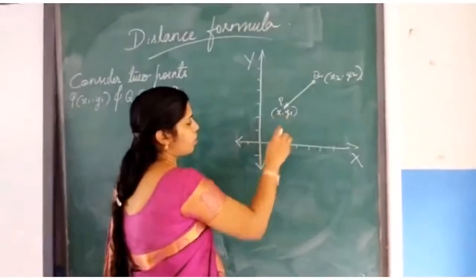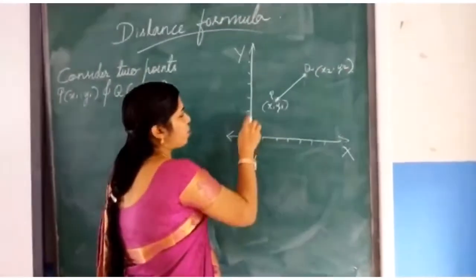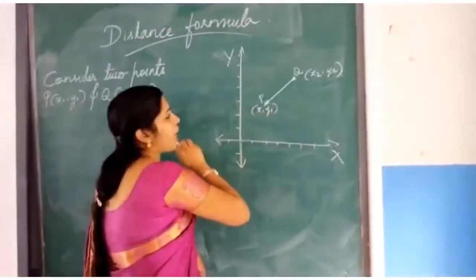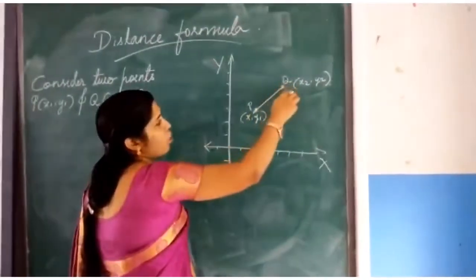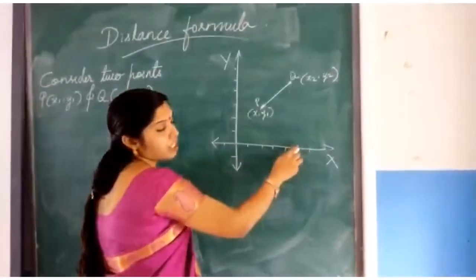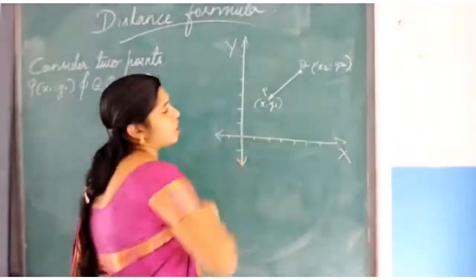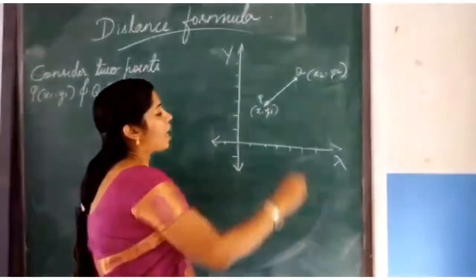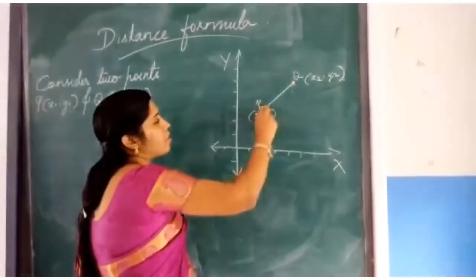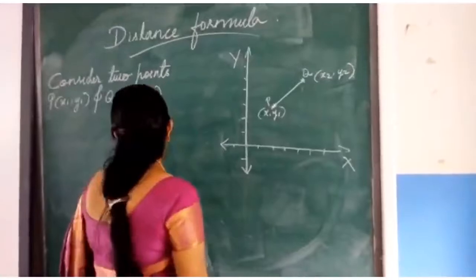So x1 shows how far it moves along the x-axis and y1 shows how far it moves along the y-axis. Now x2, y2 show the same: x2 is the distance covered along the x-axis and y2 along the y-axis. And now we are going to find the distance between P and Q.